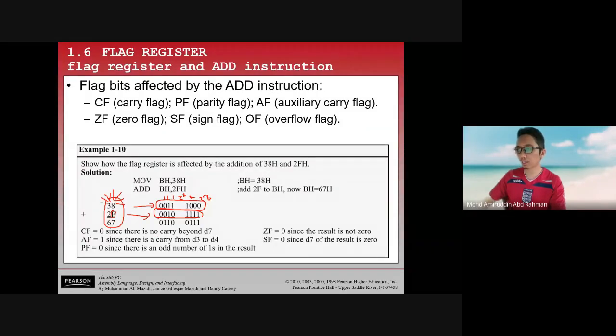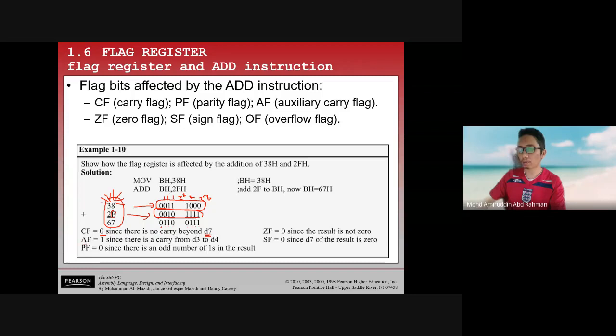So we look at D7. The carry flag is affected at D7. Counting 0, 1, 2, 3, 4, 5, 6, 7, it is 0 here. So when it is 0, the carry flag will also be 0.